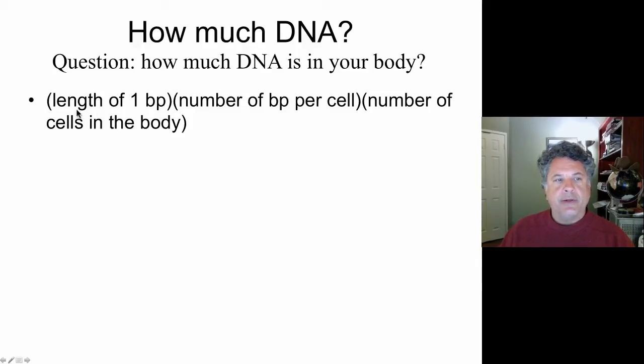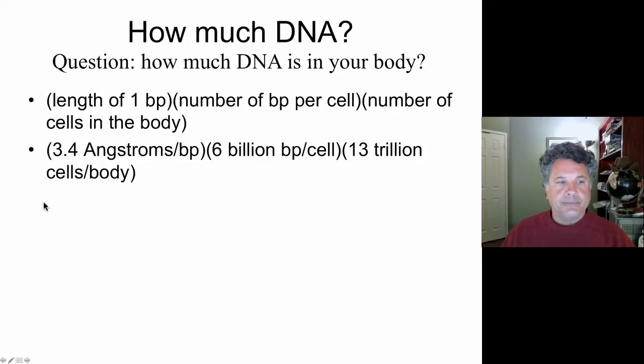So first we have to know the length of one base pair of the double helical DNA. And then we need to know the number of base pairs per cell. And then we need to know the number of cells in the body. And the product of these three numbers then will tell us the length of DNA that you are carrying around with you every day. So let's do that calculation.